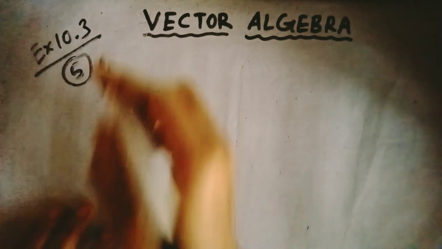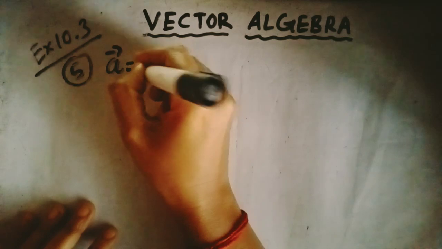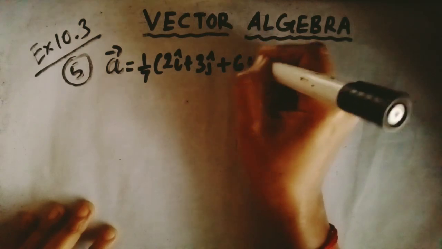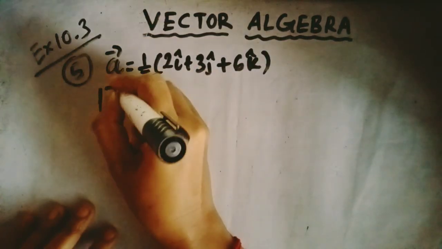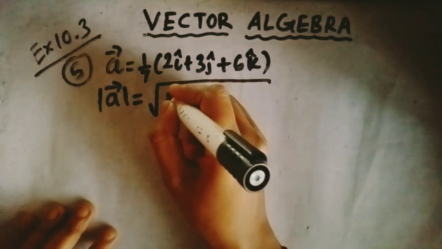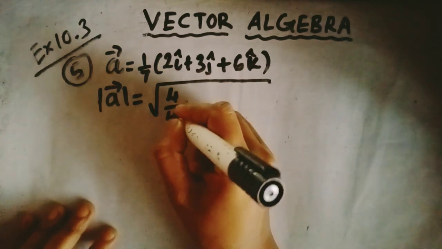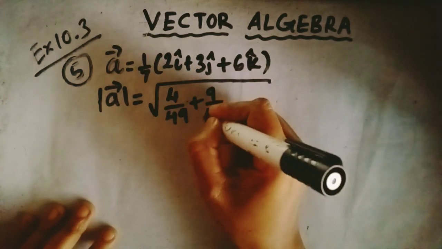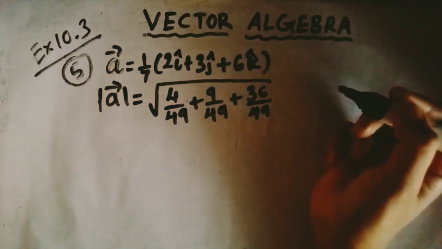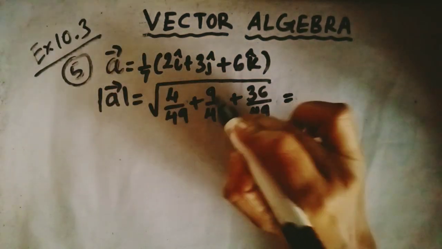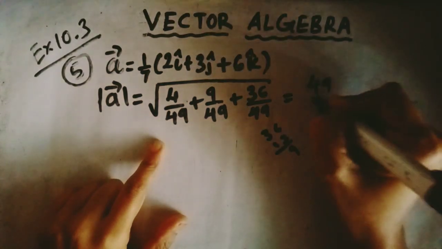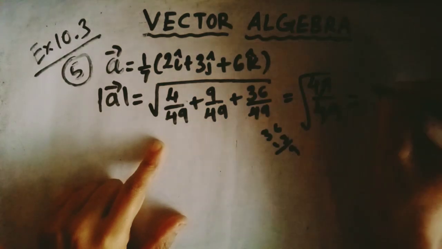So first vector, A vector, its magnitude I'll check. Okay, so we'll get 49 only, so this is 1.